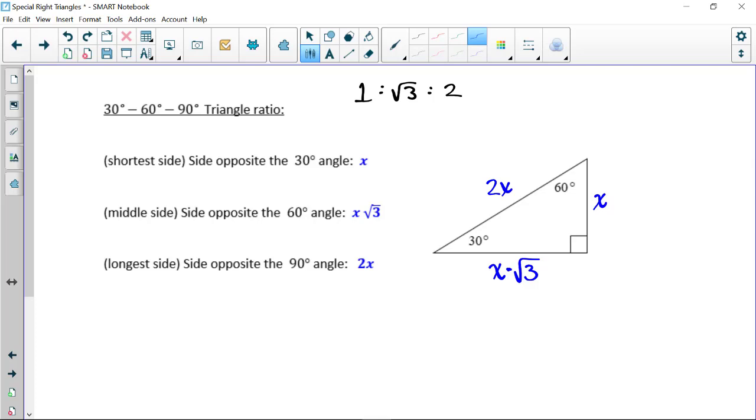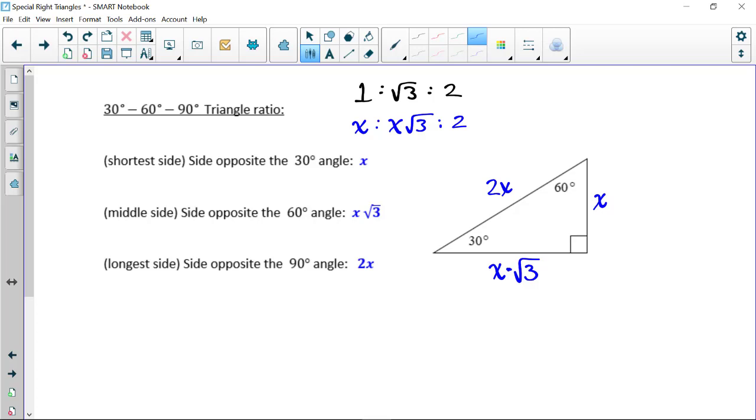Because in my last example, the hypotenuse was 2 and the shortest side was 1. So there it is: x, x times root 3, and 2x. That's the ratio you need to remember, and it goes from little to big.